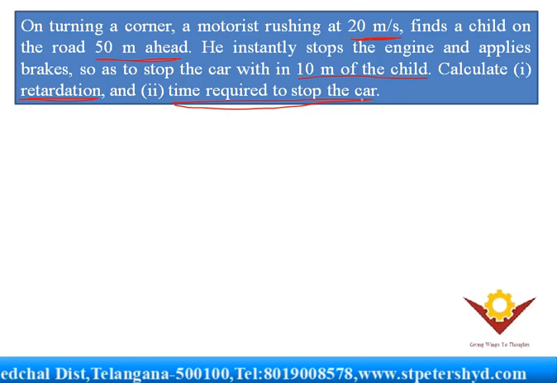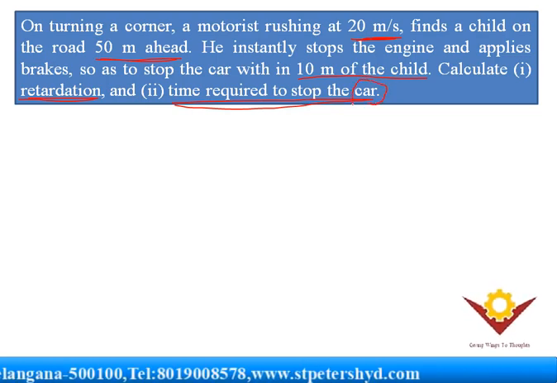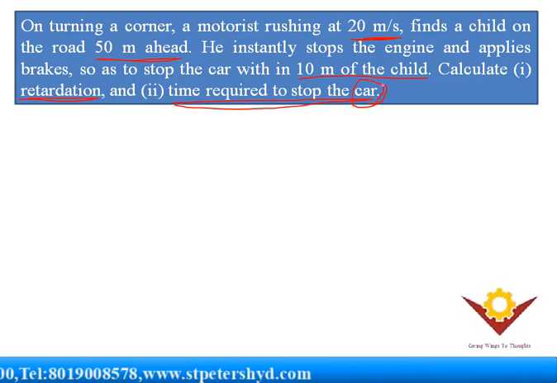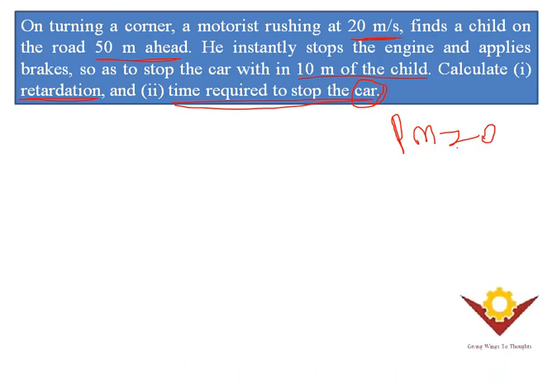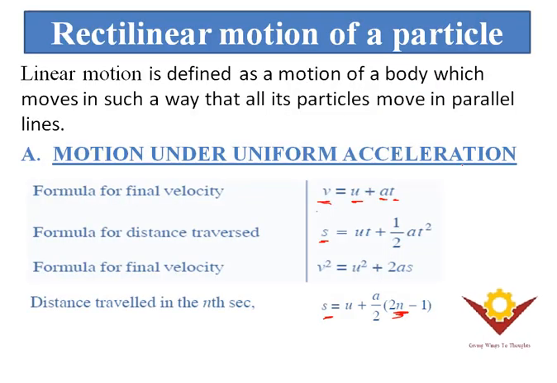Here you have to consider it as a particle. Why? Because we already said that for a particle, mass is equal to 0, right? Can you observe any masses here? No. In this motion under uniform acceleration, there is no mass.